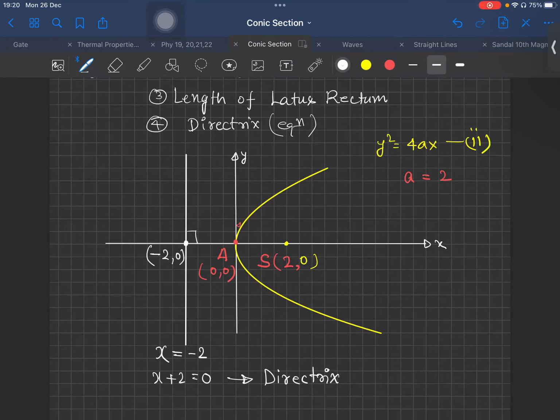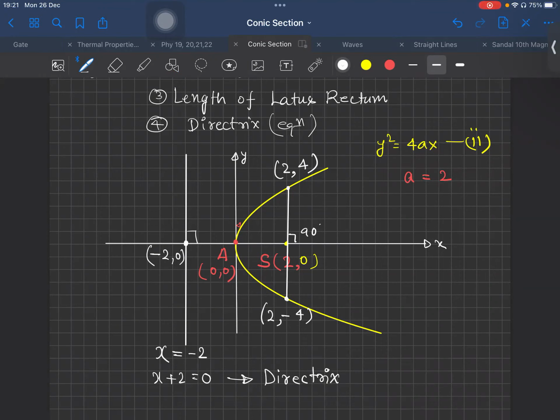Now latus rectum is the double ordinate, the focal chord which is at 90 degrees to the axis. So this is your latus rectum. We have already seen its end coordinates: (2, 4) and (2, -4).